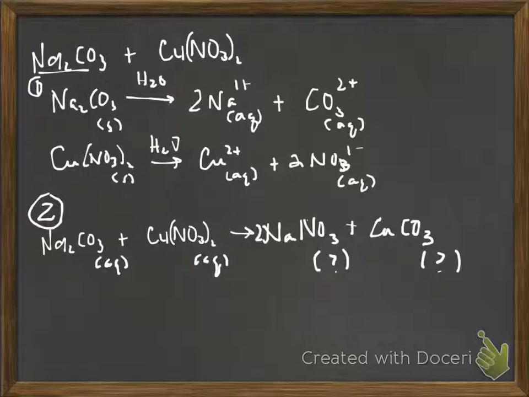So we go look up whether or not these are soluble. The sodium nitrate we said is soluble. So we're going to replace that by saying aqueous. The copper carbonate we said is insoluble. So we're going to specify that that comes out as a solid. It precipitates.